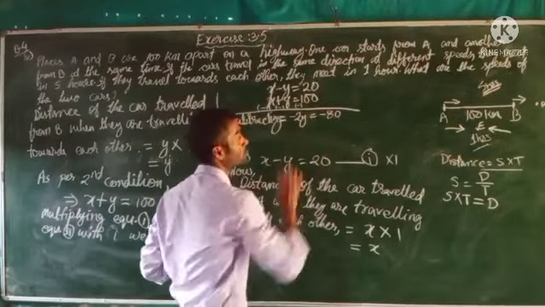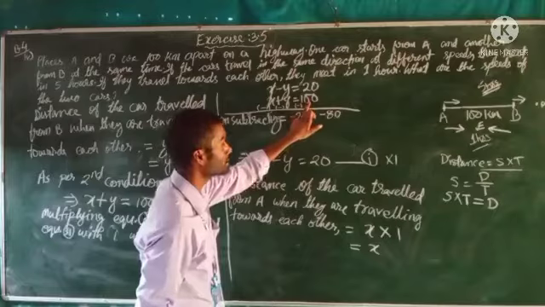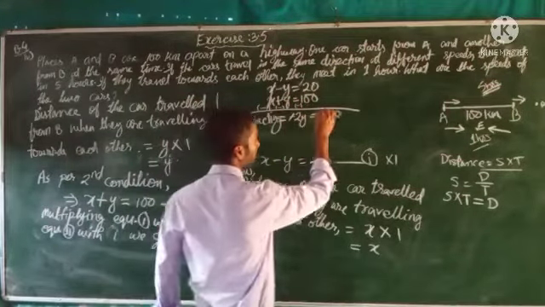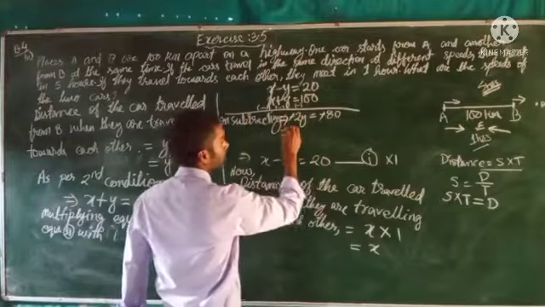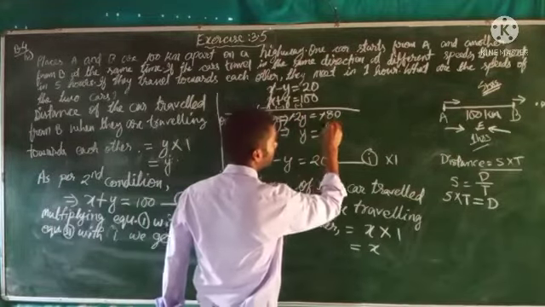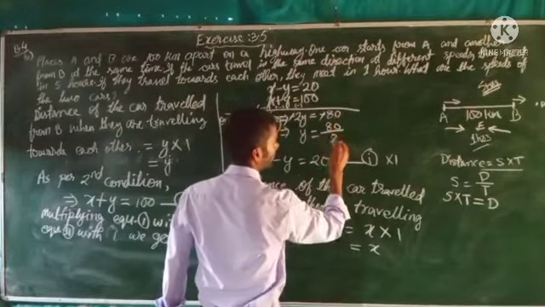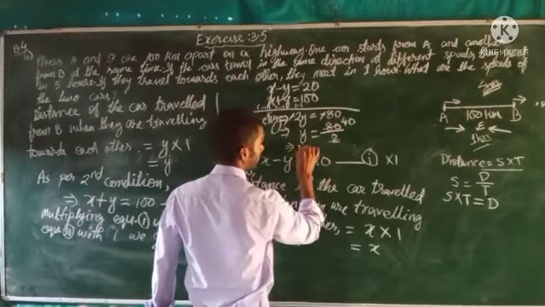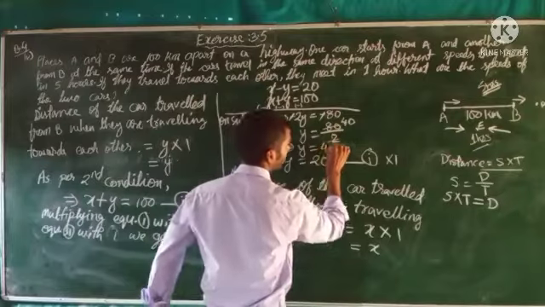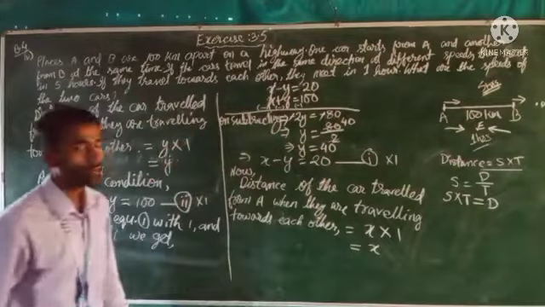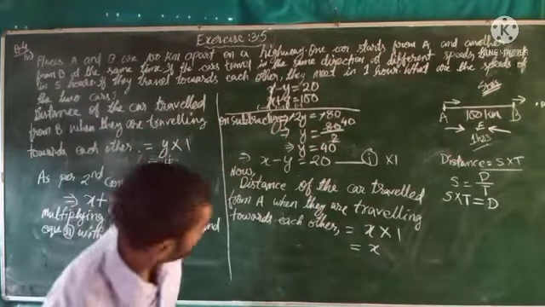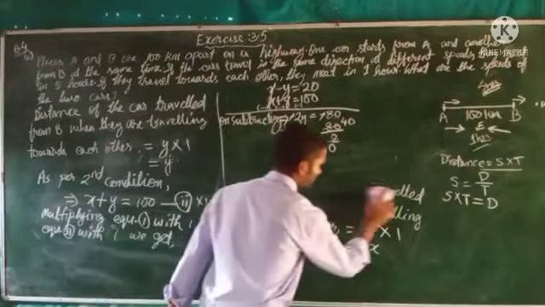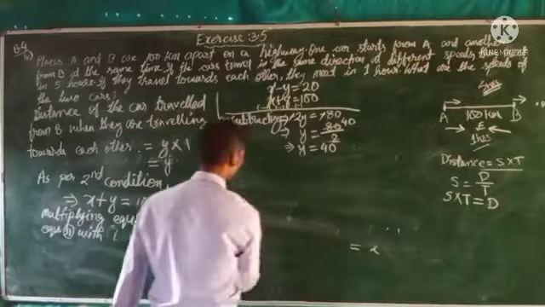That is 100 minus 20 is 80, and the sign of the greater number, 100, is minus, so we write minus. Now minus and minus cancel. So y is equal to 80 by 2, which is 40. So we got the value of y, that is 40. Now we will place it in any of the equations. Let us place this one in equation 2.